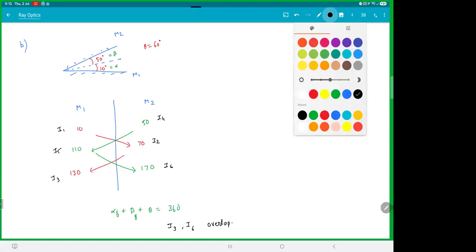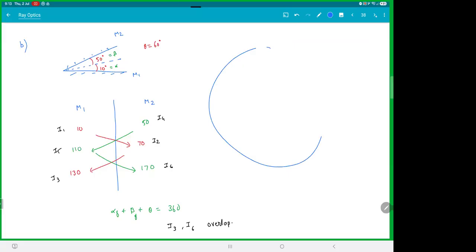Now when you put them all in a circle, M1, M2, the object was here. So I1 is somewhere here, 10 degrees. I5 is 110, so that would be somewhere here.